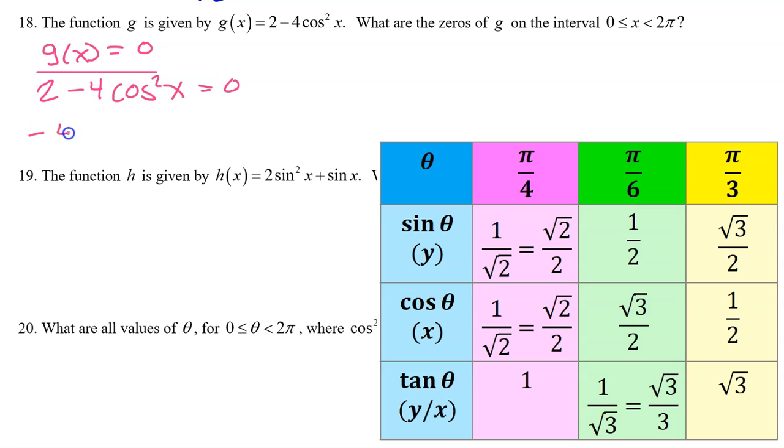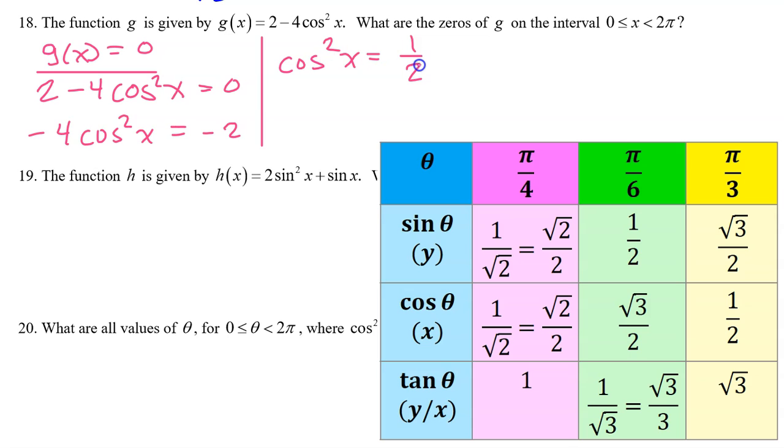So that gives negative 4 cosine squared x is equal to negative 2. Next, we divide both sides by negative 4. Negative 2 divided by negative 4 is positive 1/2. So we have cosine squared x is equal to positive 1/2.